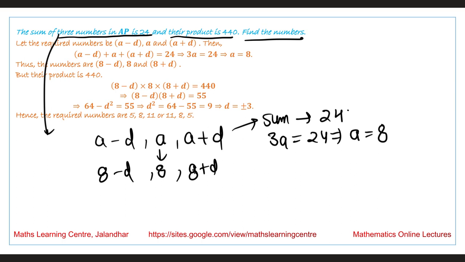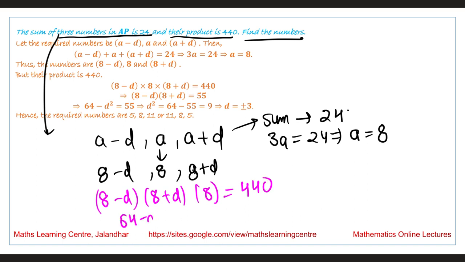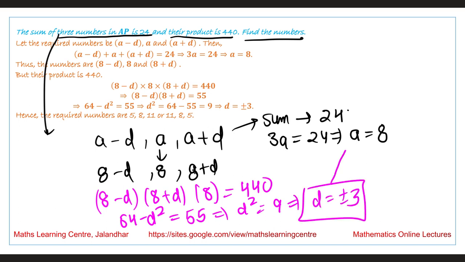Now the product of these three numbers, 8 minus D into 8 plus D into 8, is given to be 440. So we get 64 minus D square is equal to 55. This implies that D square is equal to 9, so D is equal to plus or minus 3.